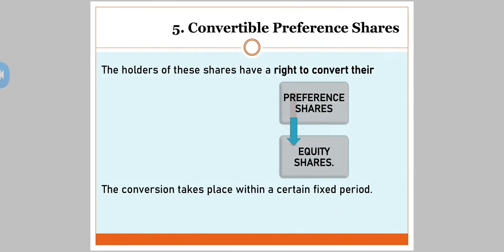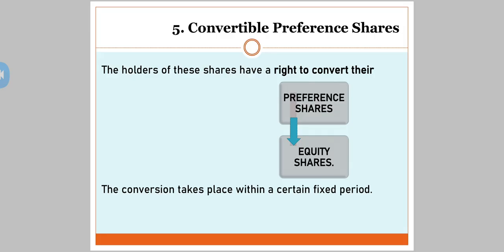Okay. Coming to the fifth one you have got is convertible preference shares. Convertible, the word itself says you can convert. The holder of these shares has a right to convert their preference shares into equity shares. The conversion takes place within a certain fixed period. Let's say the company issued preference shares in this particular year and the company says this is convertible preference shares.